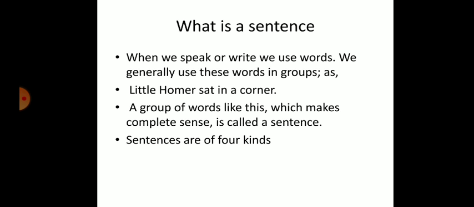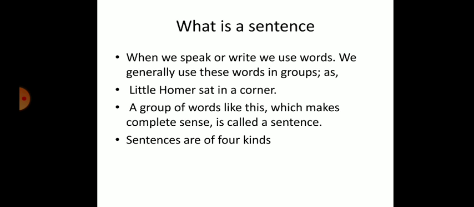So, a group of words like this, which makes a complete sense, is called a sentence. So, we can say that it is necessary for a sentence first to be a group of words, and secondly to communicate the complete sense.